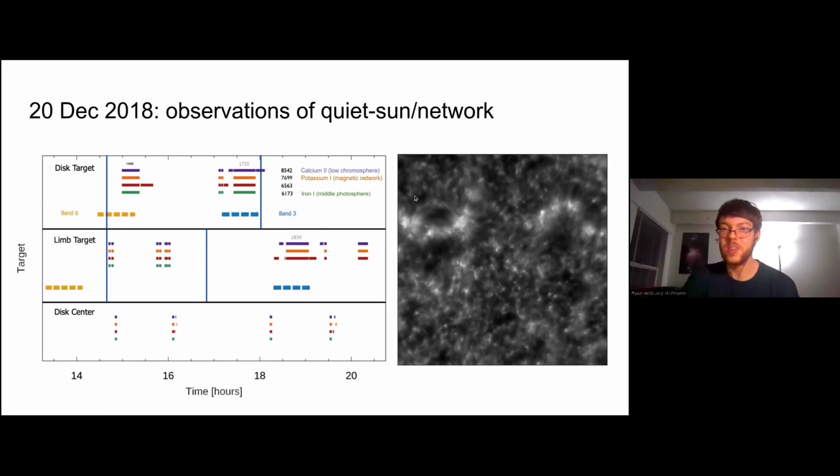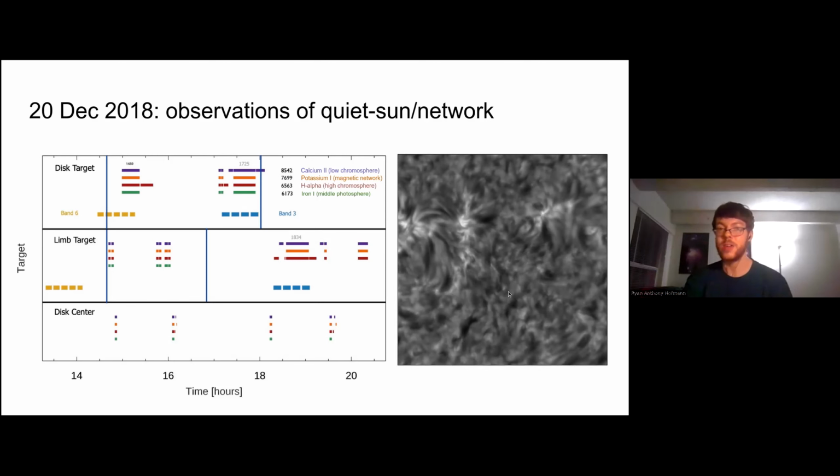So now you're starting to see those fibrils and where you have these overlying horizontal fields and where it's more open and you're more likely to actually see these vertically propagating waves. And then of course H alpha, which is pretty much all these fibrils and high lying gas.